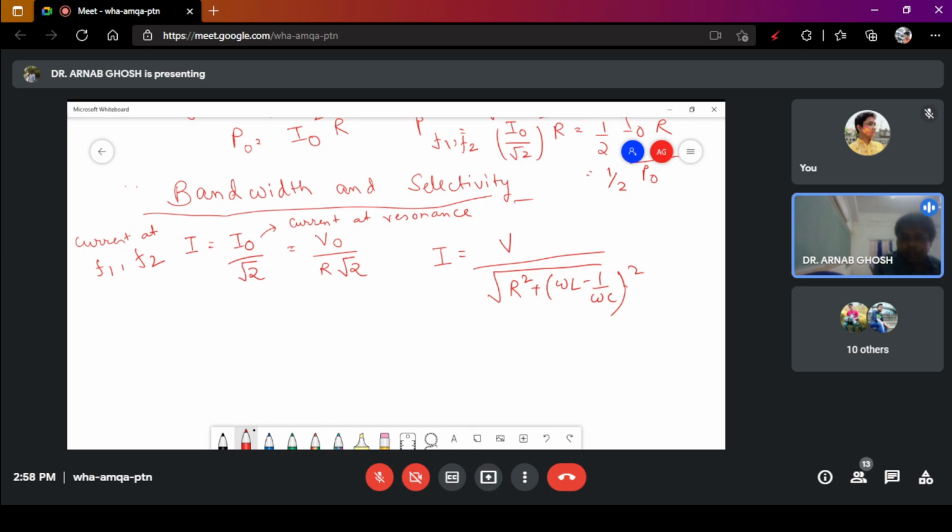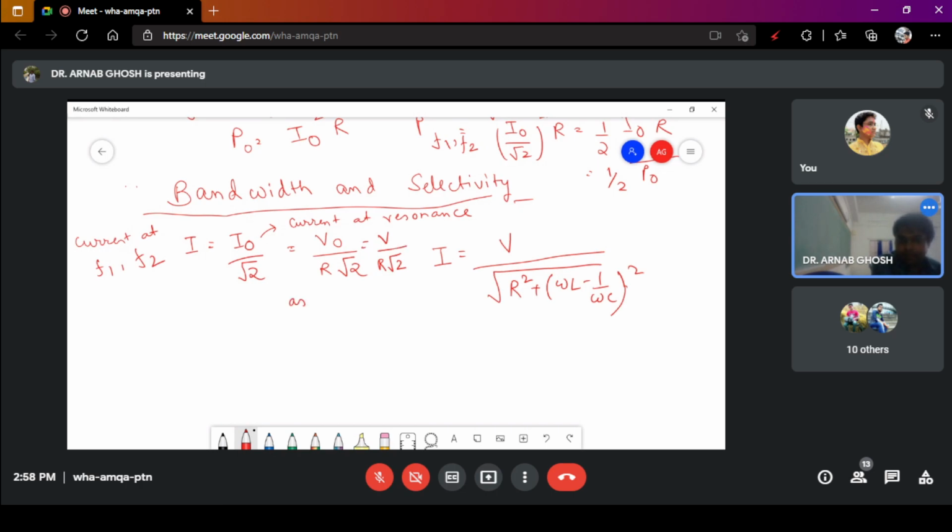So your V0 will also be equal to V. You already studied this last class. As VC and VL get cancelled out, the voltage across the resistance is equal to the source voltage.